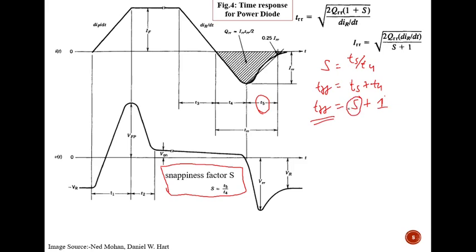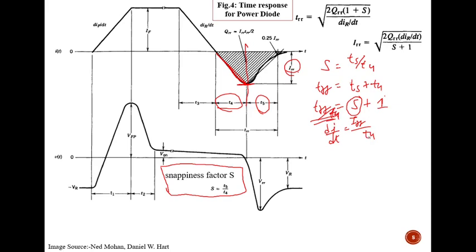One more important point, this linear characteristic is drawn when the device is going to be turned off. So you can say di by dt is equal to IRR by the time involved here, which is called T4. Sorry, this is a misleading equation. This is TRR by T4.